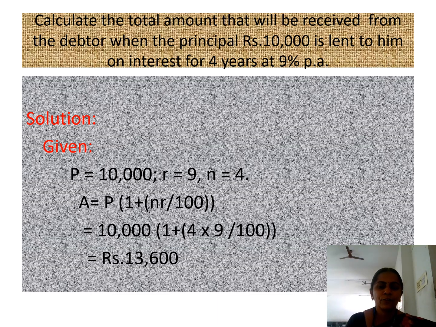Then we apply the formula A is equal to P into 1 plus NR by 100. Substituting the values, P is equal to 10,000 into 1 plus 4 into 9 divided by 100. Simplifying, we get rupees 13,600. So the amount of this problem is 13,600.